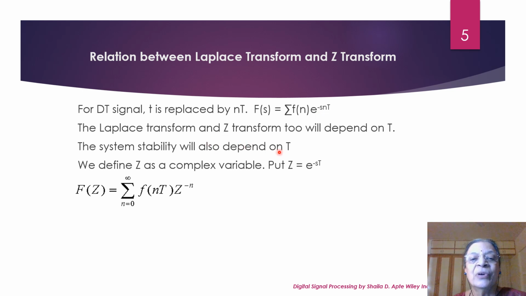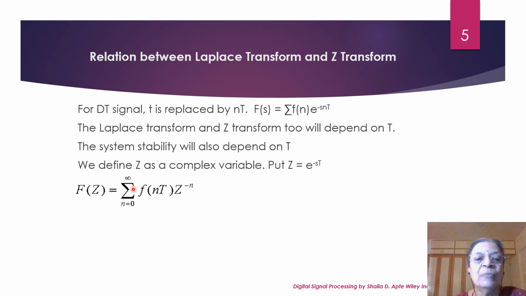Now here you can see from this formula that the corresponding Laplace transform will depend on capital T. Similarly, if you define the Z transform, if you define Z as e raised to minus S capital T, the Z transform will also depend on this capital T. So it depends on how you sample it, whether you sample it above the Nyquist rate or below the Nyquist rate, right? So when we convert this Laplace domain to Z domain, how do we write Fz?